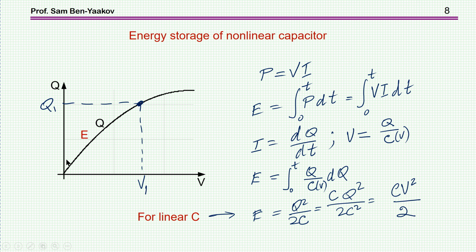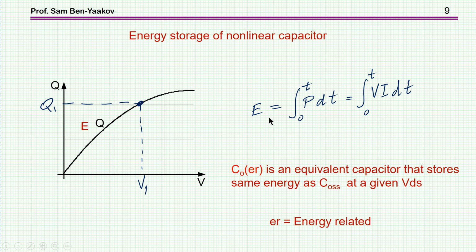If you look at this curve, this Q as a function of V curve of this nonlinear capacitor, this area here is the energy stored when the voltage is this voltage, and this will be the charge. So you have to get this area here. This is the energy. The way manufacturers are handling this issue of energy storage, actually there are two ways.